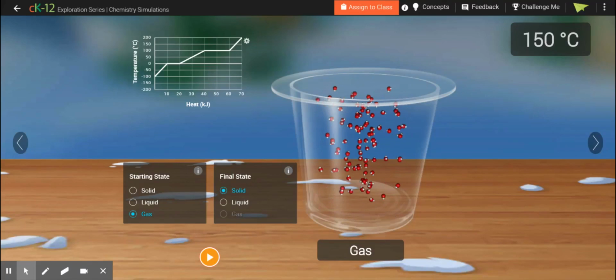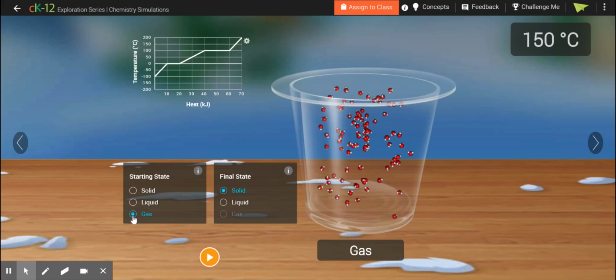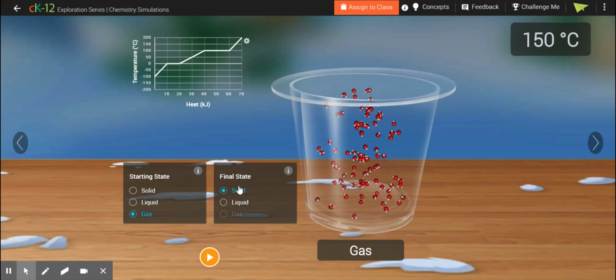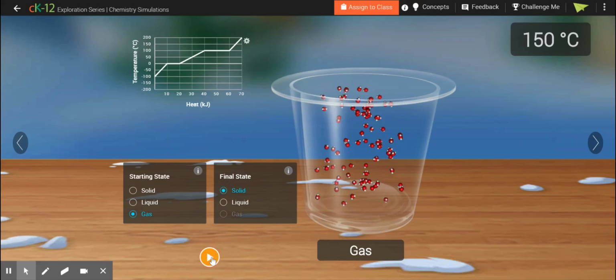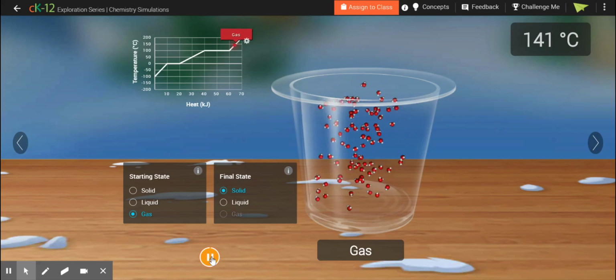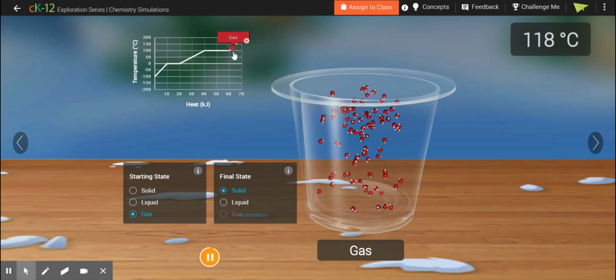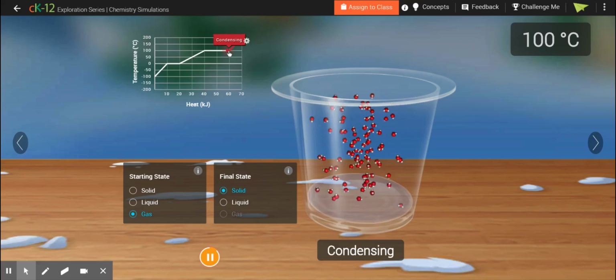Now we're going to look at a cooling curve simulation. We're going to look at cooling steam at 150 degrees Celsius all the way to ice below its freezing point. So we'll show the steam cooling down to 100 degrees C, reaching that boiling point where it can condense.